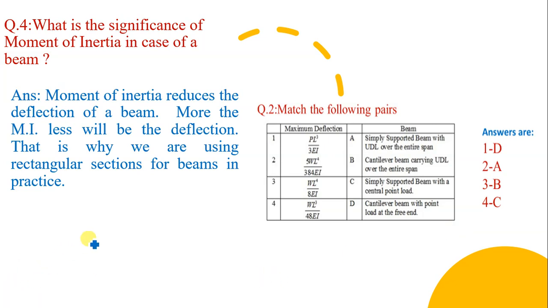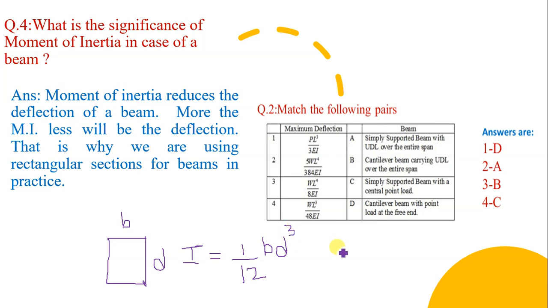Normally in practice we are using rectangular beams like this, with width B and depth D. So B is less than D and moment of inertia, denoted by I, about the axis of bending is equal to 1 by 12 B D cube. Now I am talking about a rectangular beam, 1 by 12 B D cube.